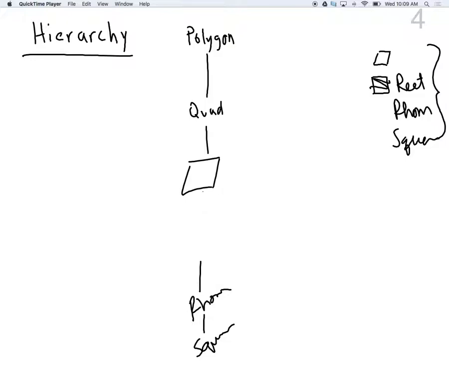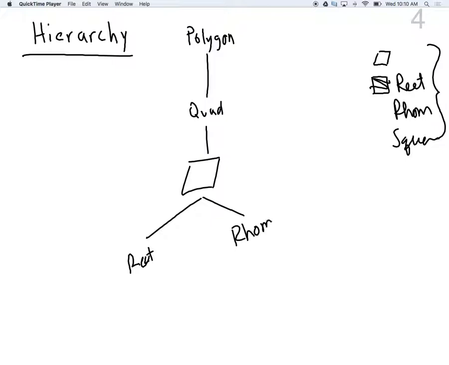That's fine. Sorry for those of you that take notes in pen. Which one do you want on the left? Rectangle over here, and over here, rhombus. Okay, now the big question: where does square go? Right underneath them with two lines going to square.